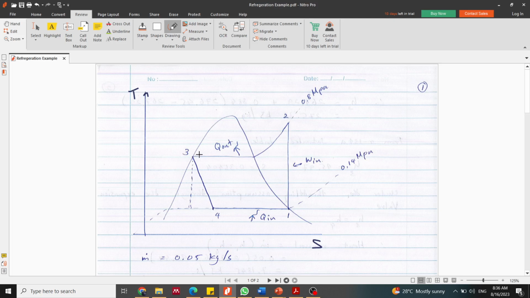Now this is our high pressure line, and the low pressure line. So low pressure is 0.14 megapascal, high pressure is 0.8 megapascal. Then this is the compression process.